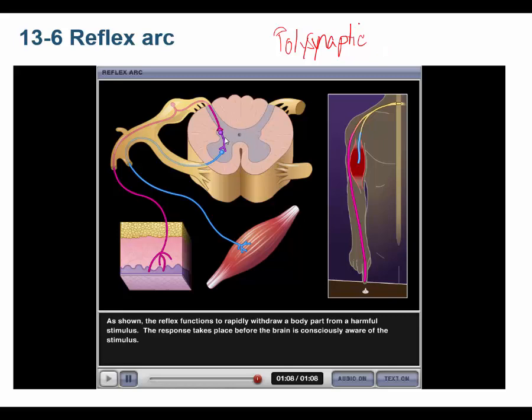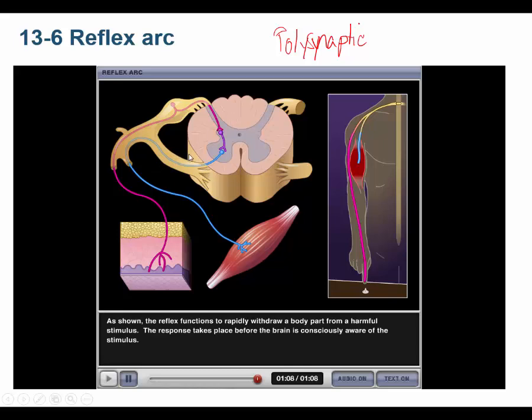In addition, I want to point out that sometimes these reflexes don't stay in the same segment. For example, if this sensory neuron were coming in through, say, T5, at the level of the T5 spinal nerve, this interneuron could go up or down in the spinal cord, and then the motor neuron could exit at a different level, like T1 or T12.